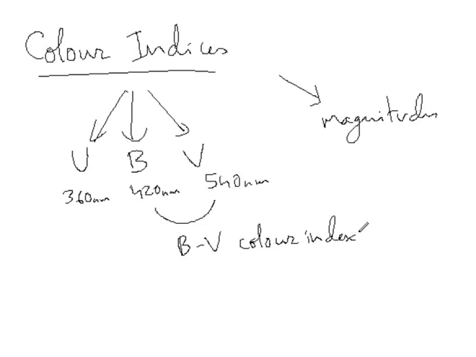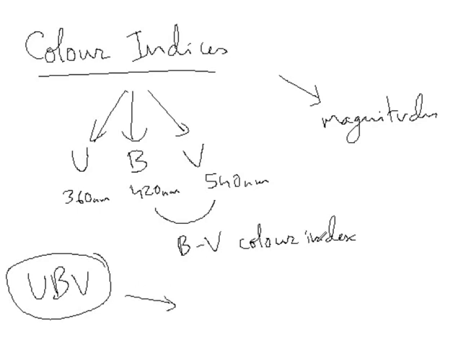By agreement between various astronomers, the ultraviolet, blue and visual magnitudes of this UBV system are adjusted to give a color index of 0 to a star with surface temperature of about 10,000 Kelvin, and this is the star Vega.